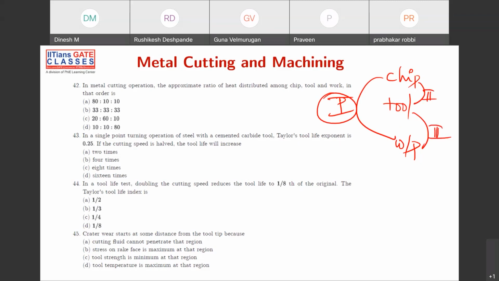And I told you already, in primary and secondary, the chip is the one that will take the maximum amount of heat. Then only tool comes, and then workpiece comes. So obviously maximum here, who is taking? Chip. So obviously the answer will be A. Right? Answer is A. Good one. Next one.